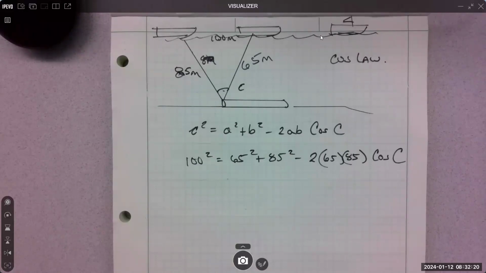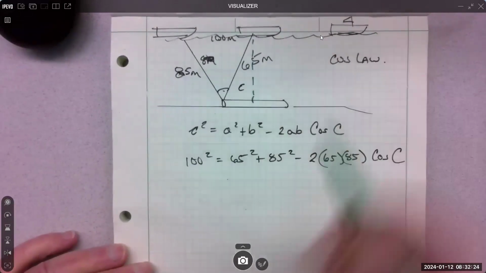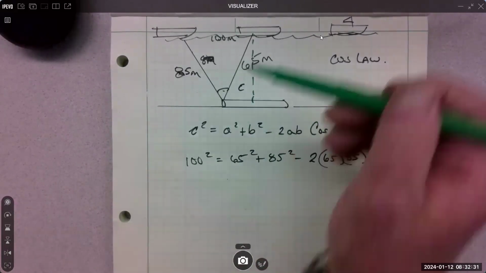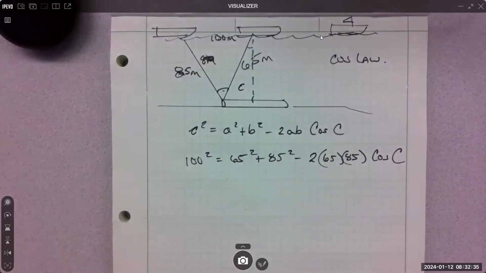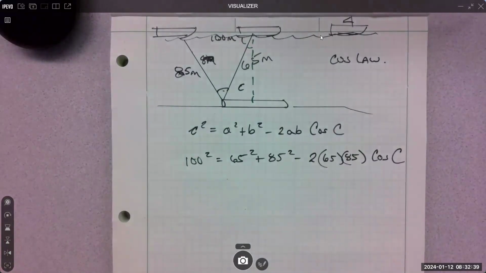What's our strategy for finding out how deep it is? This is the depth, right? So up there, where you made an angle here, I found that angle on the other side. On the bottom it's going to be the same, and then I used sine.